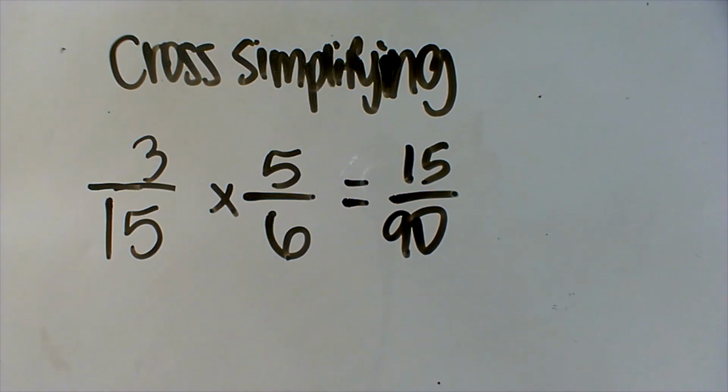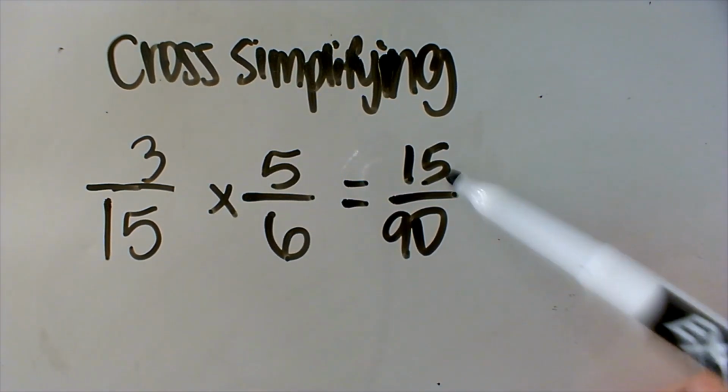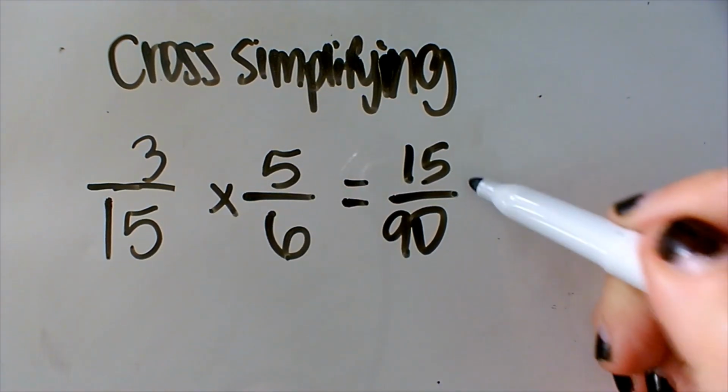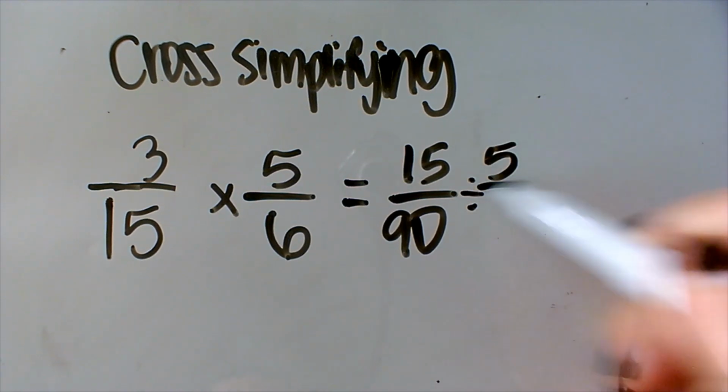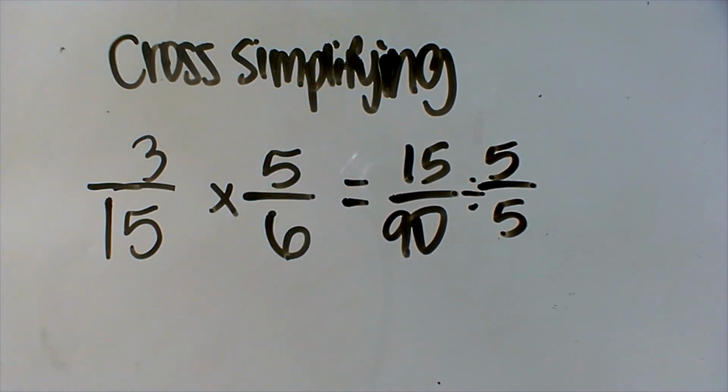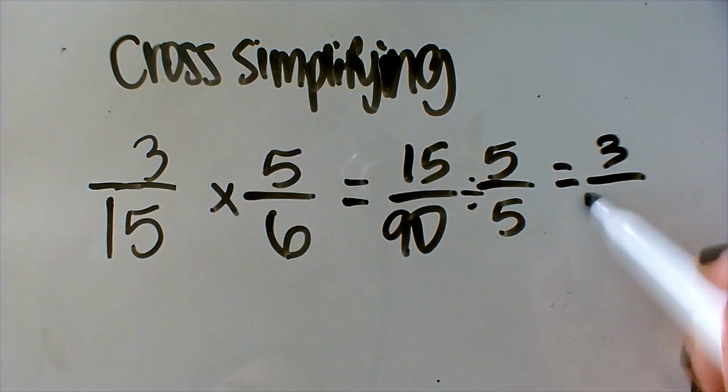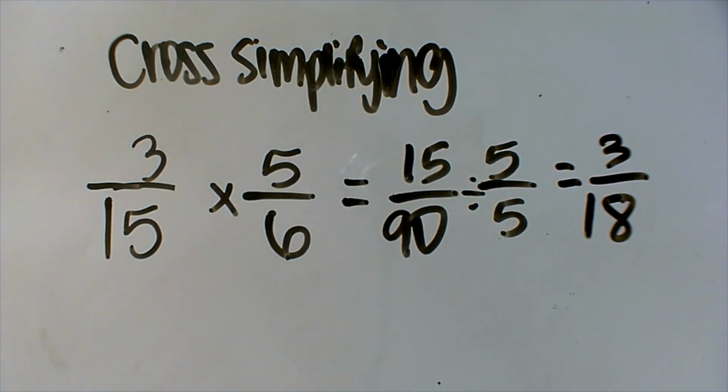So here, I'm going to simplify. If I look at 15 and 90, both numbers end in a digit that I know is divisible by 5. So I'm going to divide the top and bottom by 5. Now when I do that, 15 divided by 5 gives me 3, and 90 divided by 5 gives me 18.